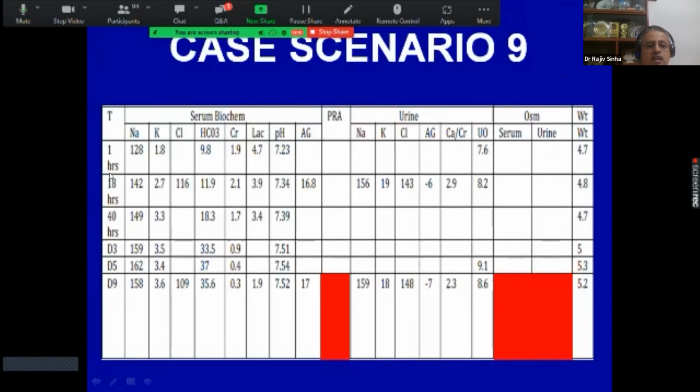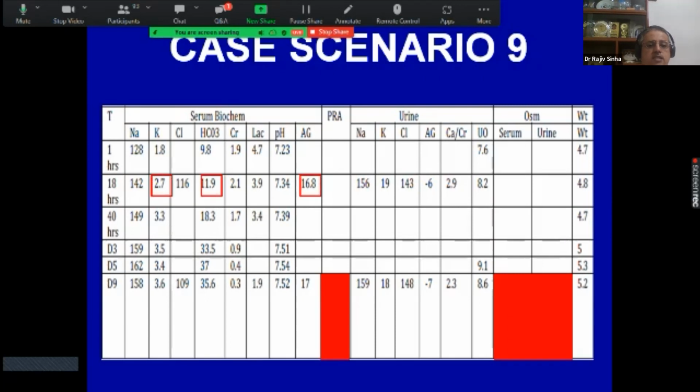This child presented to us in shock, and you can see that initially the child was having normal anion gap metabolic acidosis. But if you corrected it with albumin, it was a high anion gap metabolic acidosis. Child was having low sodium, low potassium, and we were thinking of whether it was a distal RTA or some form of RTA.